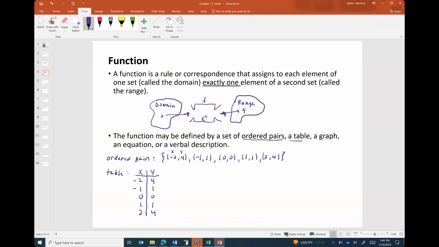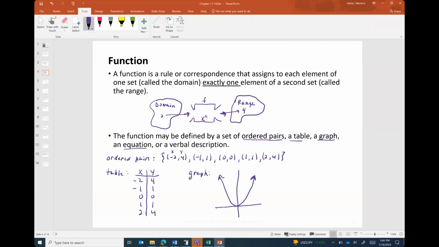Okay. We can present a function as a graph, right? As a graph, this function would look maybe something like this. When we graph the x squared function, it's a parabola, looks a little bit like that.